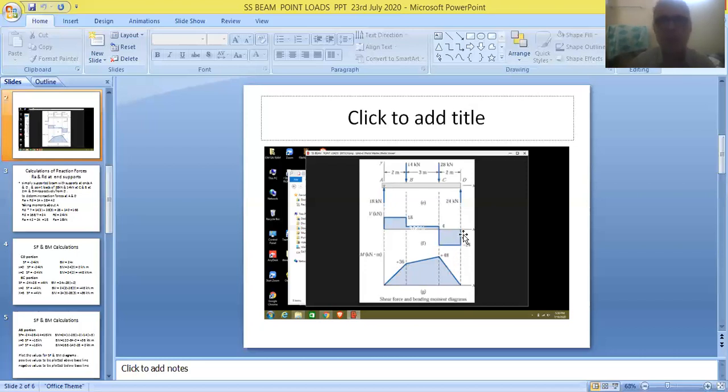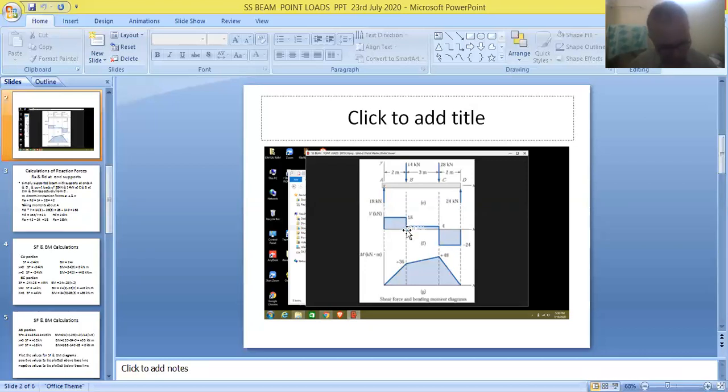So similarly, at X equal to 0 at point D, we got the value of SF as minus 24. At 2 meters, again, we got it as minus 24. And in the next portion at 2 meters, it is obtained as plus 4 kilonewtons. So here we are going in the upward direction. And at 5 meters also, we got it as 4 kilonewtons. So we are getting this point.